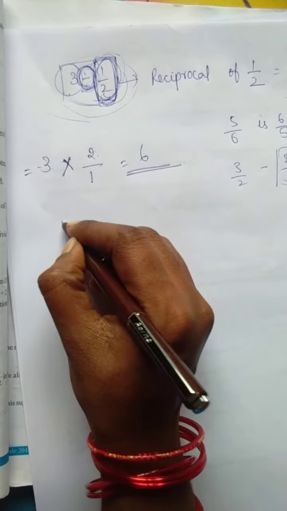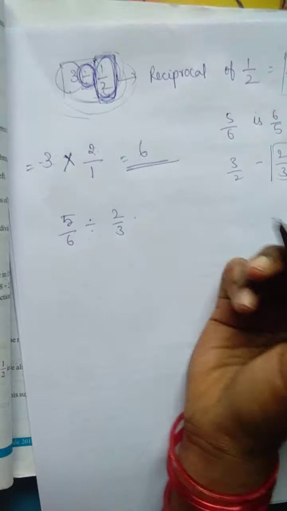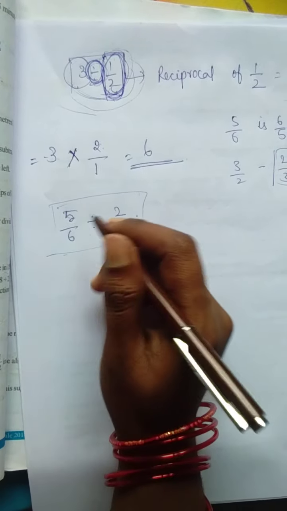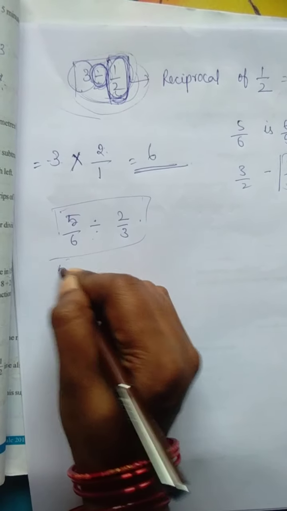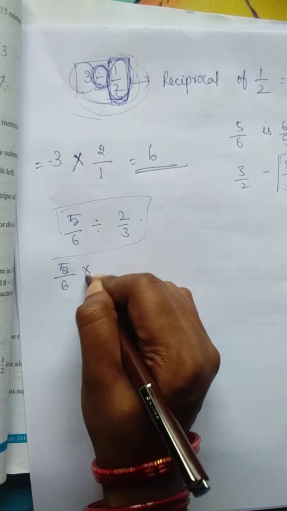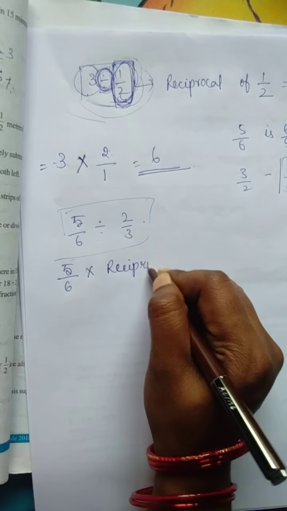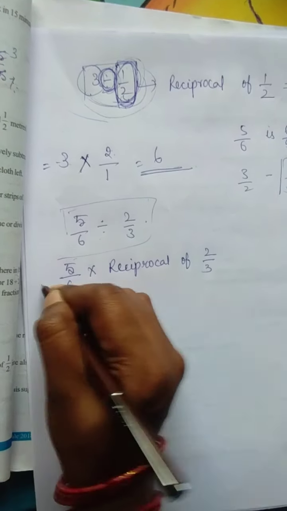Suppose 5 by 6 divided by 2 by 3. You have to divide two fractions. To divide two fractions, first write 5 by 6 as it is, and 2 by 3 can be written in the form of the reciprocal of 2 by 3.